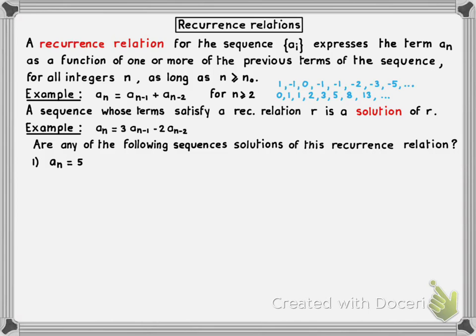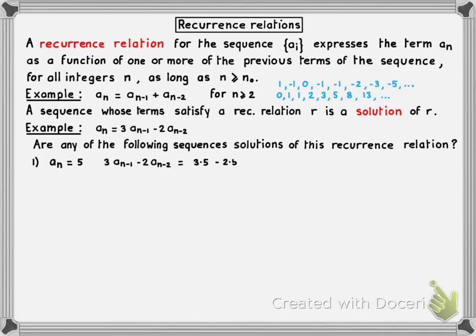To determine whether this sequence is a solution of this recurrence relation, we're going to compute the right-hand side of this equality, and then we're going to replace each term here by its definition. So by definition, a sub n minus 1 is equal to 5, and so is a sub n minus 2, because for every n, a sub n is 5.